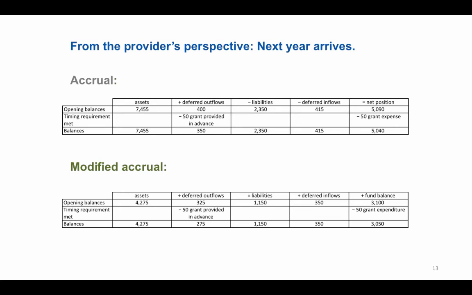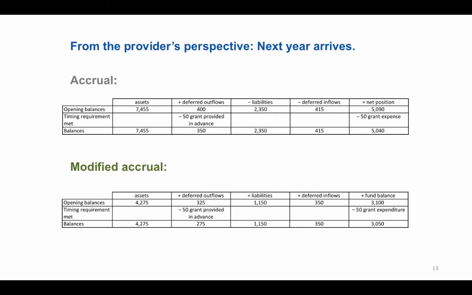I want to emphasize that the overwhelming majority of the time, it's like that first slide I showed you, where the government spends first, and then it becomes eligible for the grant. And then it has to apply and receive the money later.